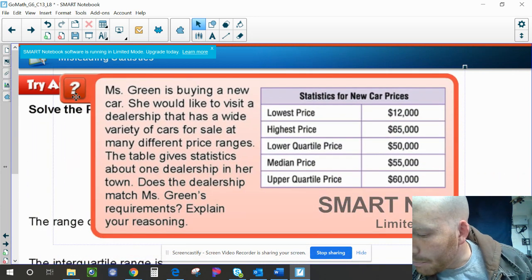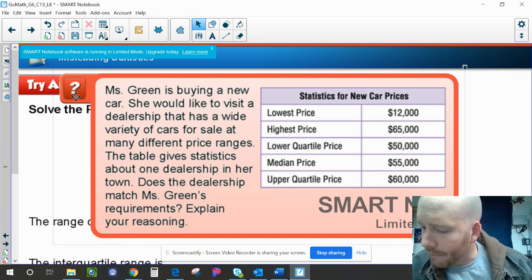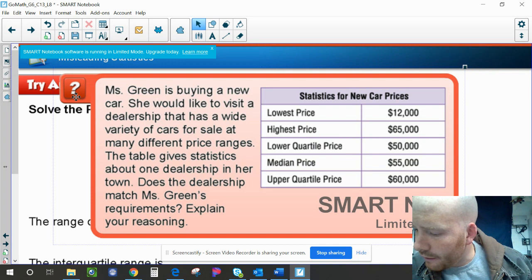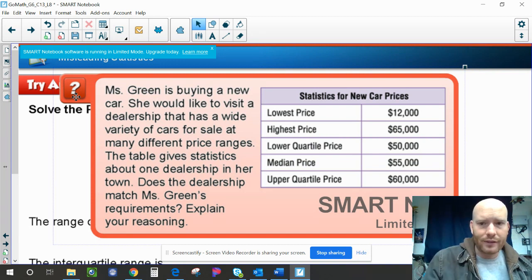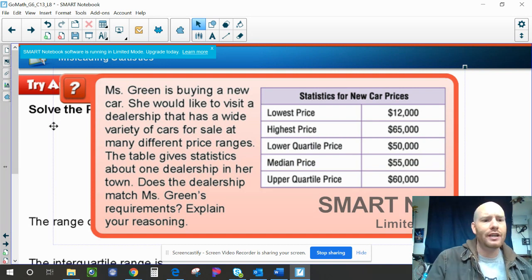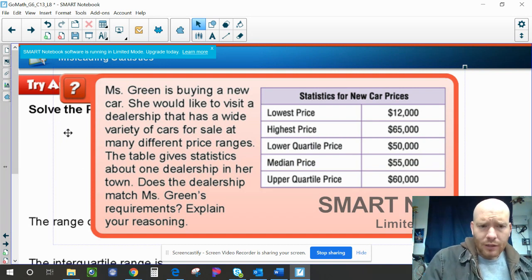That's right. We take the biggest number and subtract the lowest number. So 65,000 and we take 12,000 away from that. I take that away and I get $53,000. So my range is $53,000.